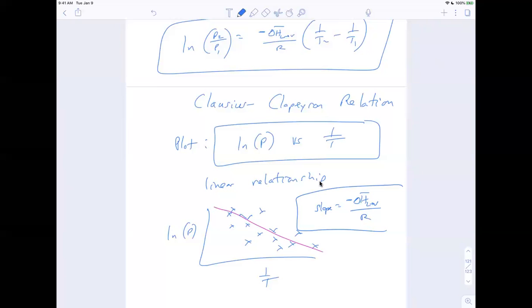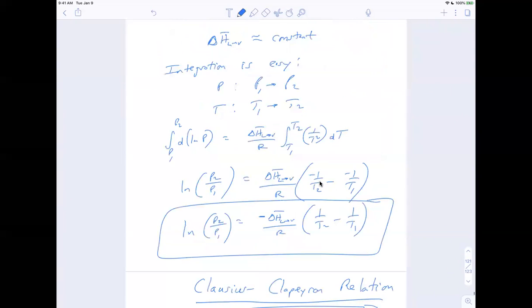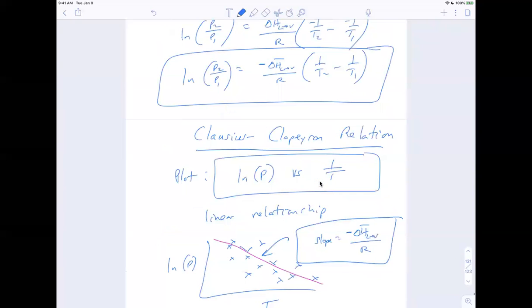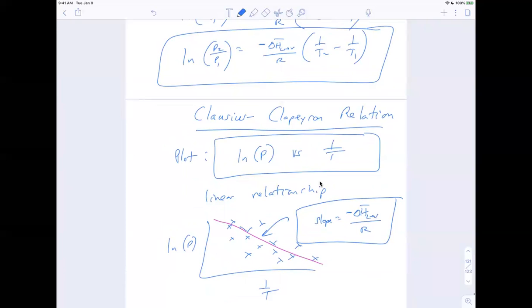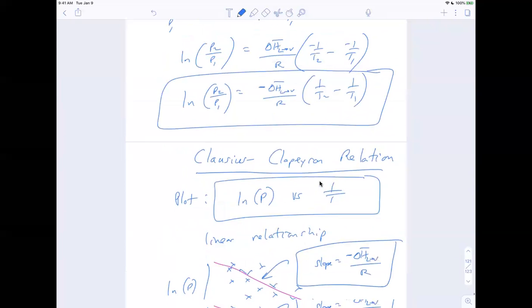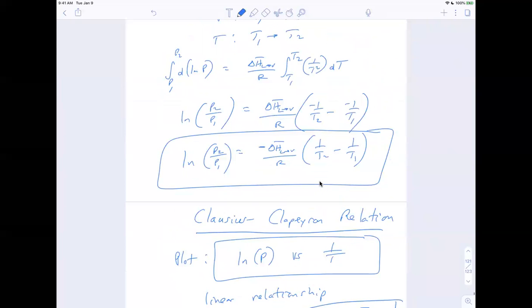So that's the Clausius-Clapeyron equation. But of course, what I want to impress upon you, for the millionth time, is that this Clausius-Clapeyron expression, a lot of educators tend to throw equations at you.